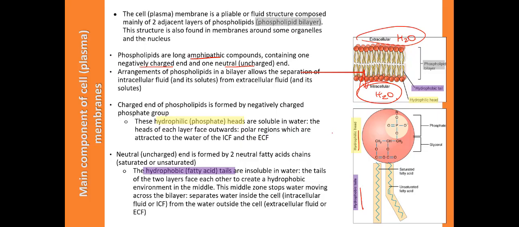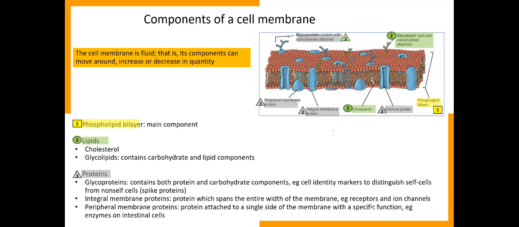So you've got the explanation that's over here of the phospholipid bilayer. Moving along, when we look at the cell membrane as a whole, you can see that it's made largely of phospholipids. The bilayer is over here.